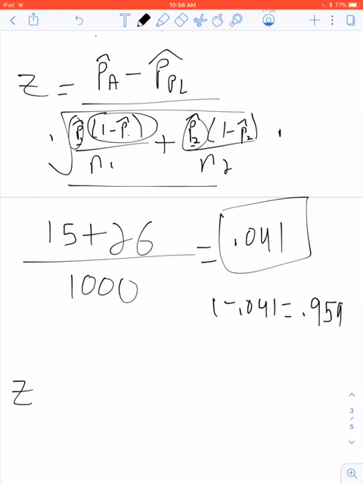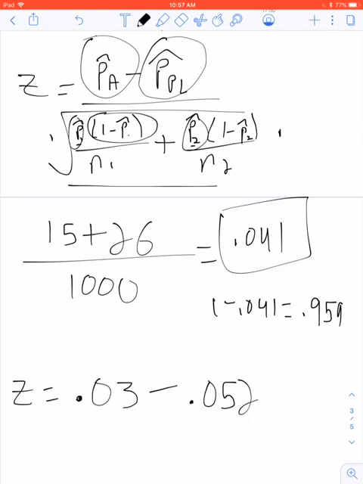My test statistic Z is going to be equal to the percentage of people who got cancer when taking an aspirin every day, which was 3%, minus the percentage of people who got cancer when they took a placebo every day, which was 0.052. So I have 3% in the one group and 5.2% in the other group.